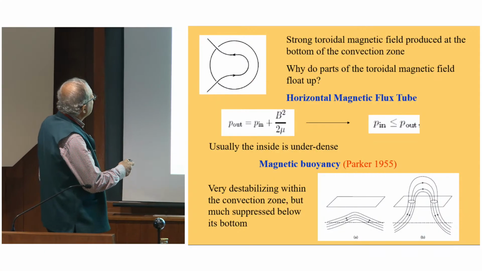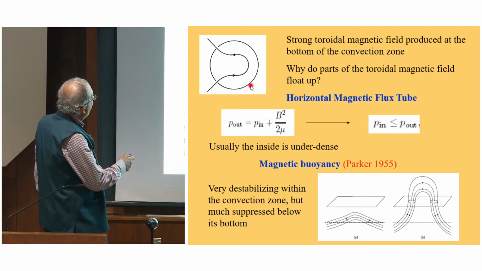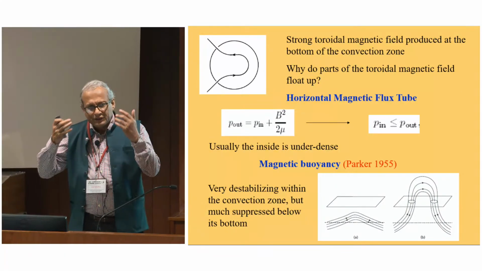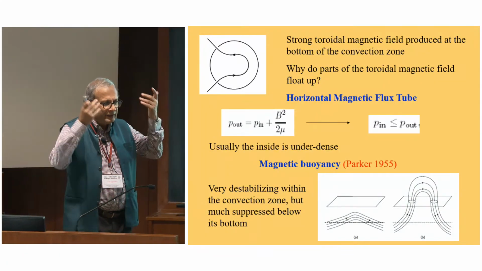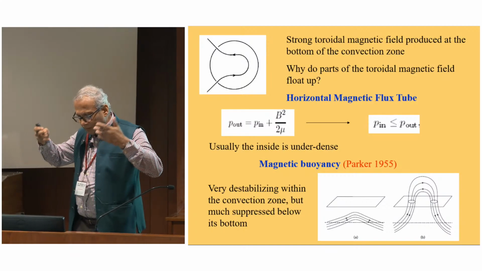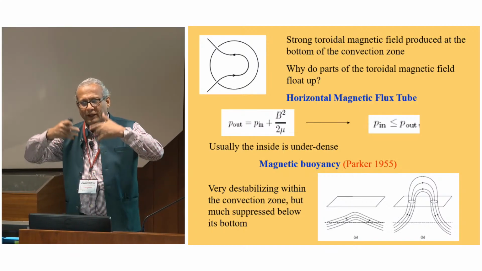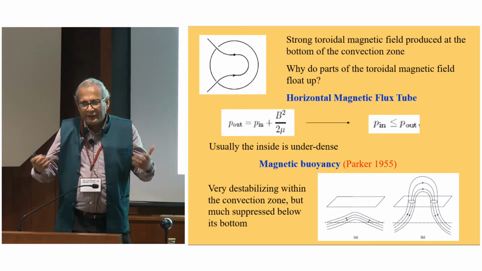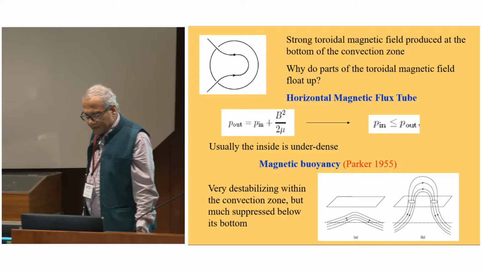And you can see that this toroidal field has opposite signs in the two hemispheres. So if parts of this toroidal field were to float up to the surface, then they will create bipolar sunspot pairs with opposite polarities in the two hemispheres, as you saw in the magnetogram map a few minutes ago.